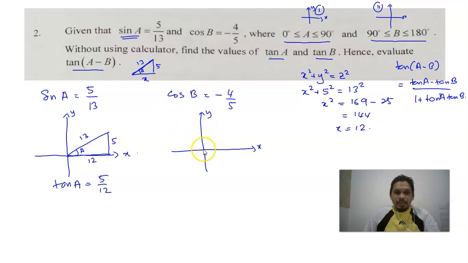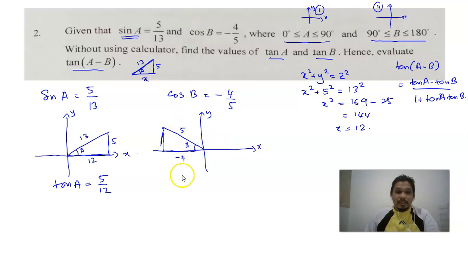Okay, now for this, cos. Let me recall the triangle here. So this is B. So cos is stated as -4 divided by 5. Cos is adjacent, which is -4, divided by hypotenuse, which is 5.